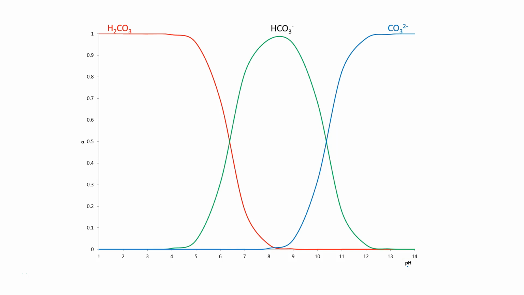And we got a basic pH for our solution, didn't we? We got a pH of about 11.5, and at that pH, A-2 has the highest concentration, HA- has a very low concentration, and H2A, shown in red here, has the lowest concentration.